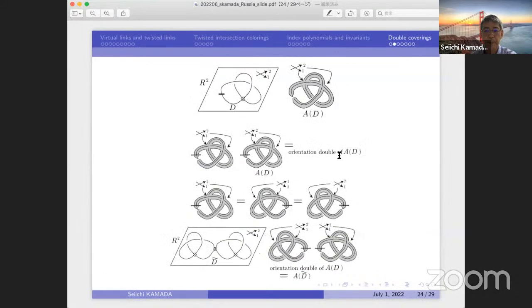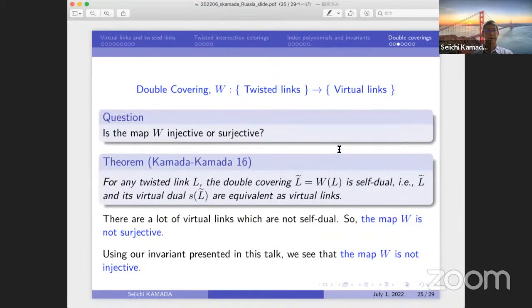Now we have a well-defined map W from the set of twisted links to virtual links. The question is, is the map W injective or surjective? And the answer is no, no. This theorem is known: for any twisted link L, the double covering L tilde, that is the image of this one, is self-dual.